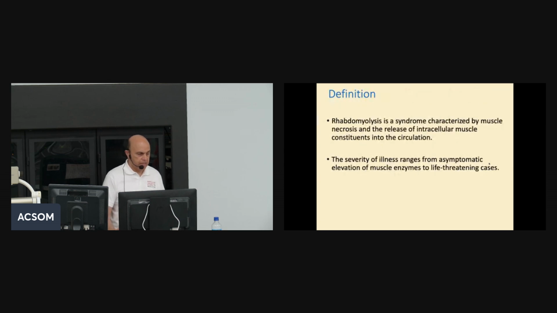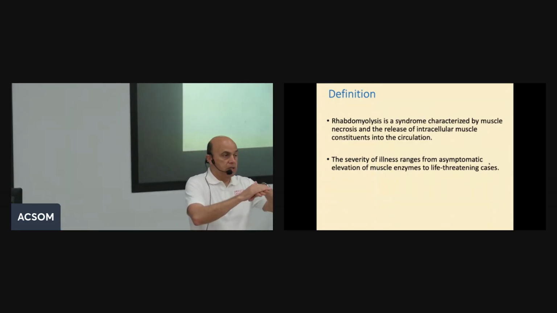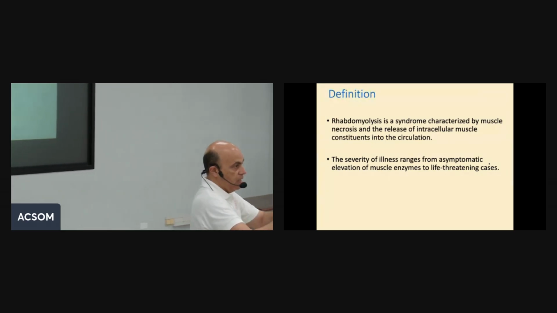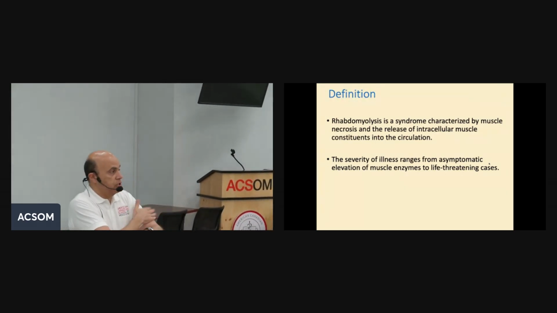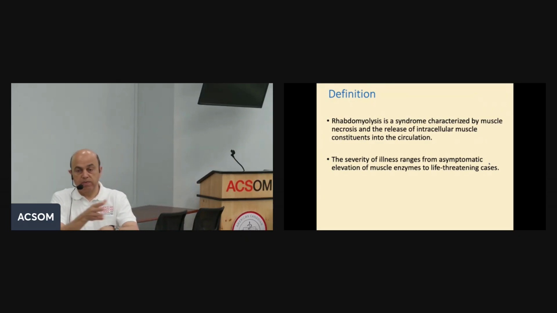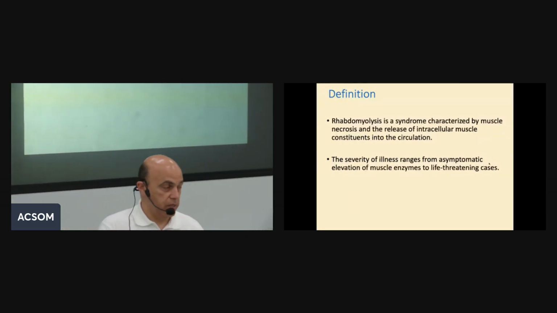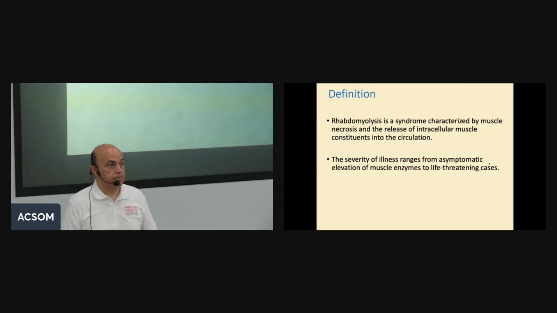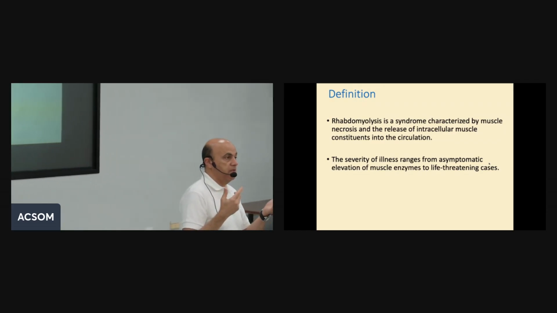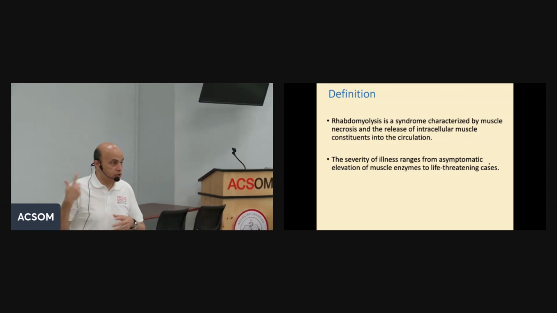The reason, as I showed you, is that if you're in the house and the ceiling collapses and you're stuck under it, the pressure of that material on the muscle causes muscle damage, and the muscle releases whatever is inside it and causes injury. So I'm going to review the mechanism of this, and with that we will probably review the entire physiology of the kidney with just one disease.